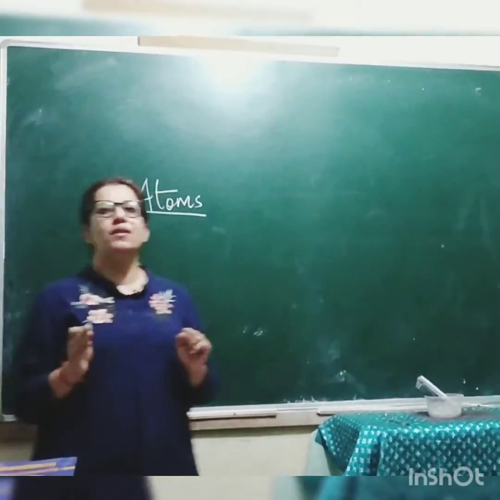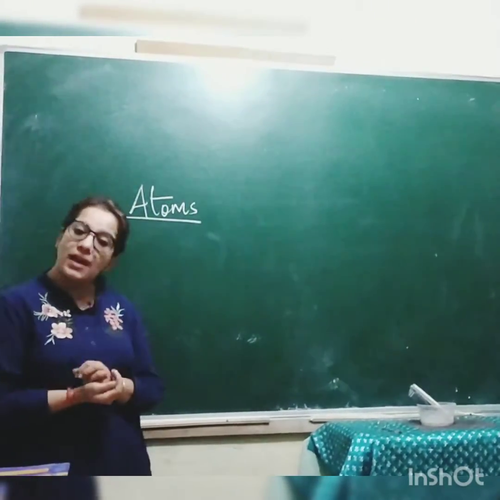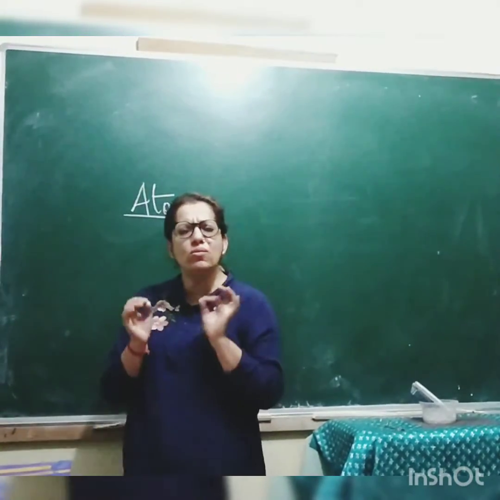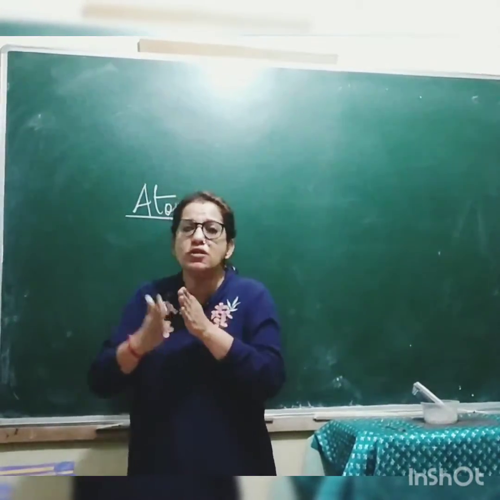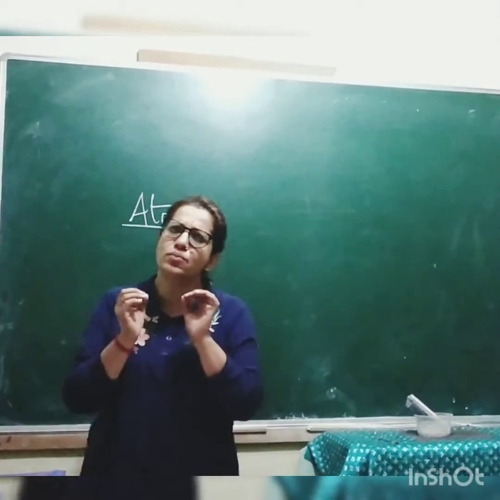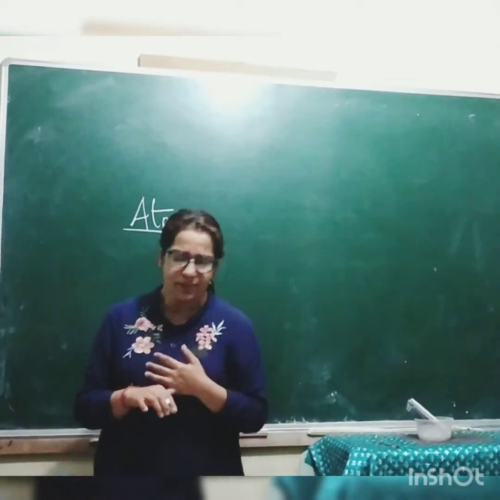So all elements are made up of tiny particles known as atoms. Now, atoms are so tiny that they cannot be broken down into anything further. Okay, so they are the smallest particle present in an element.